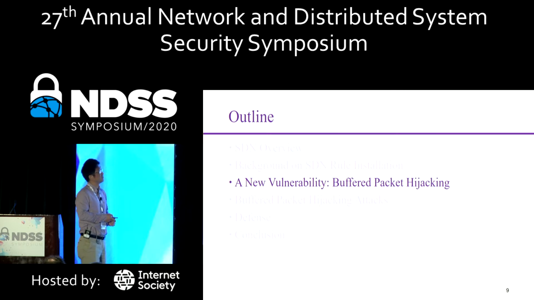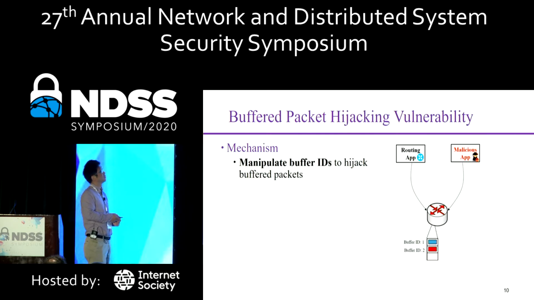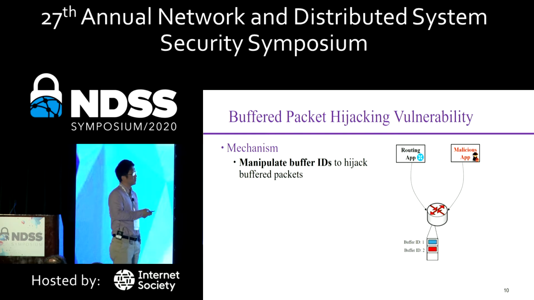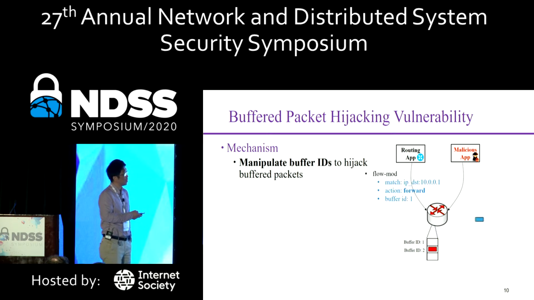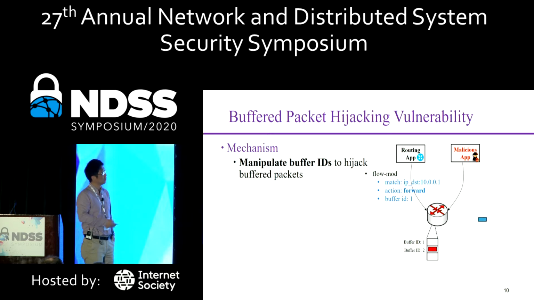So we identify a new vulnerability called the buffered packet hijacking vulnerability. The idea is quite simple. In the normal case, there are two apps. The blue one sends a flow mod message saying that for this buffer ID, the packet should be forwarded to this destination.